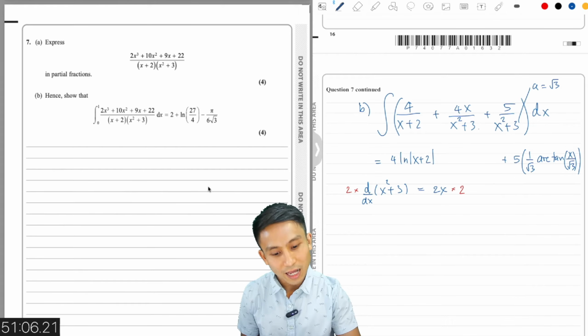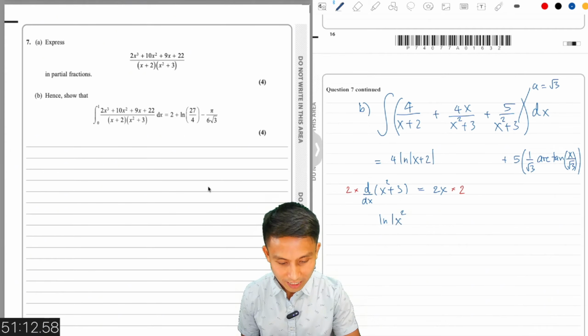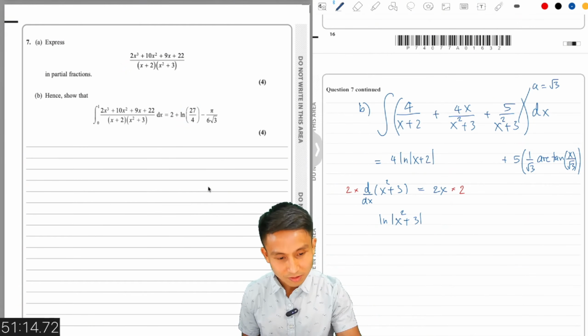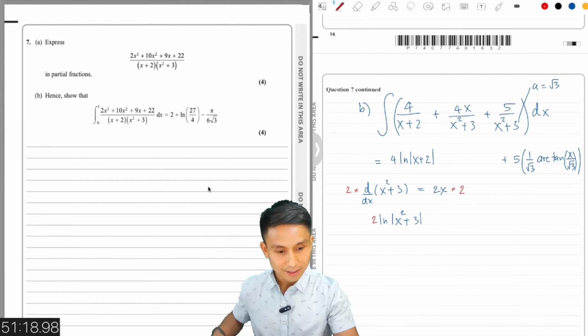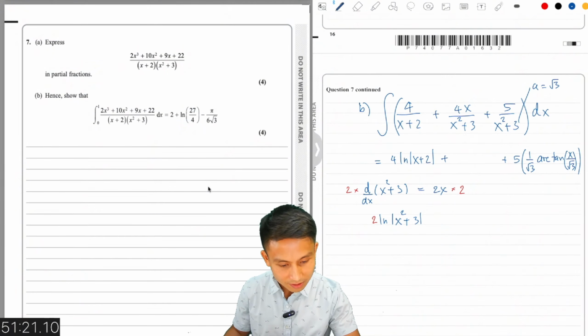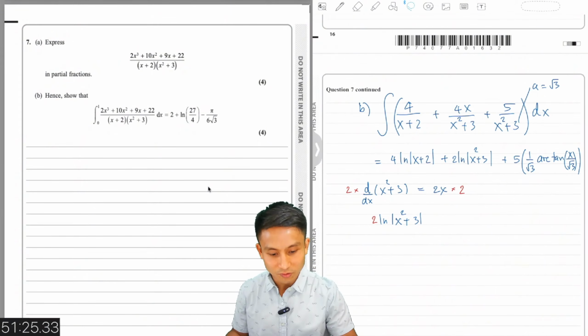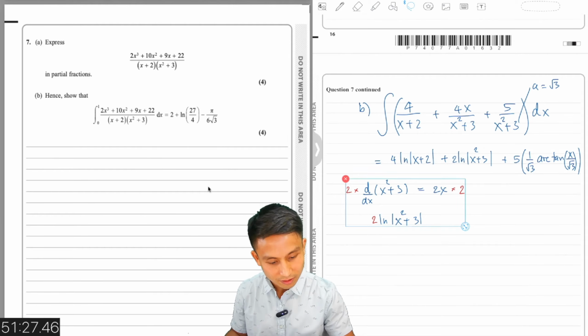When you differentiate the bottom and get the top, you can do ln of the bottom, but multiplied with the correction factor. So that would be plus 2 ln x squared plus 3. And that's all the integral there. We're going to keep this working here.